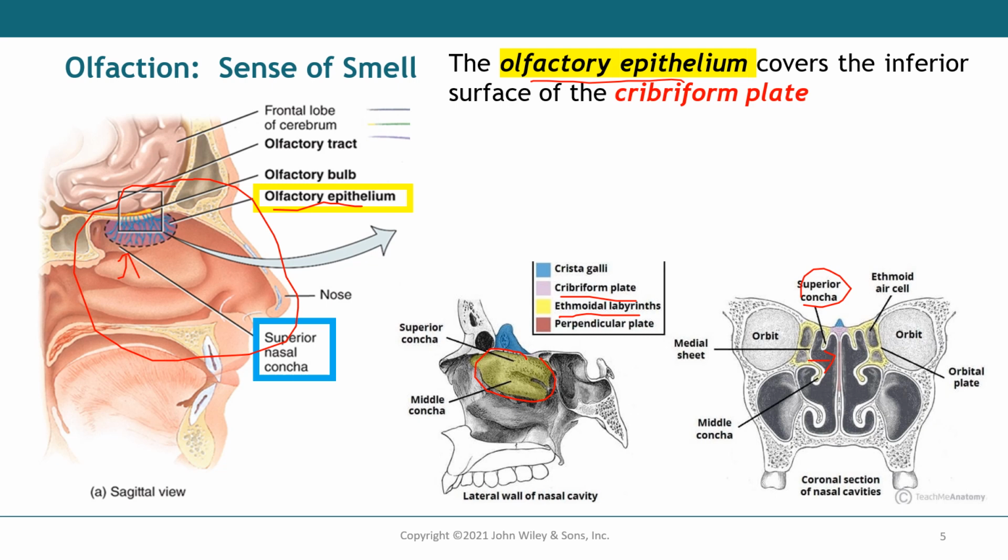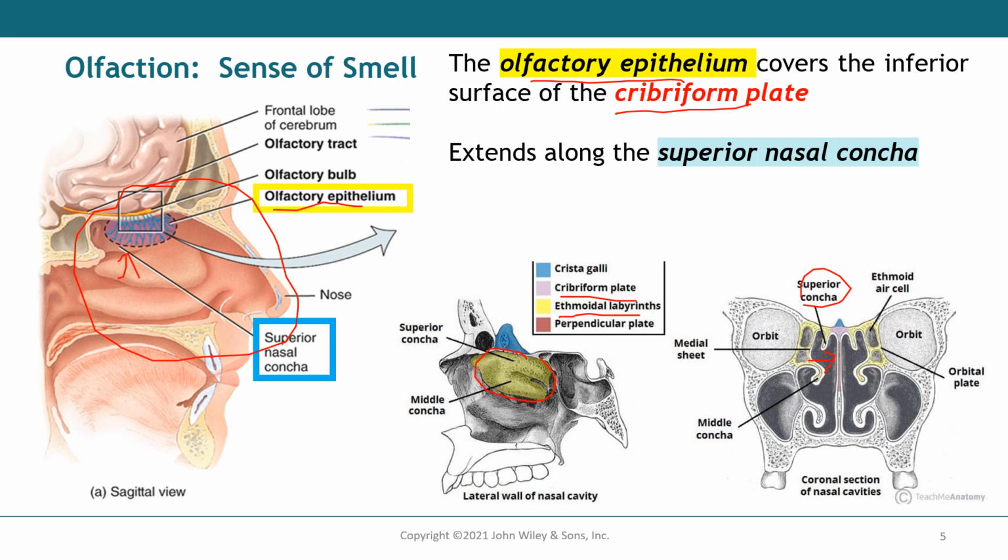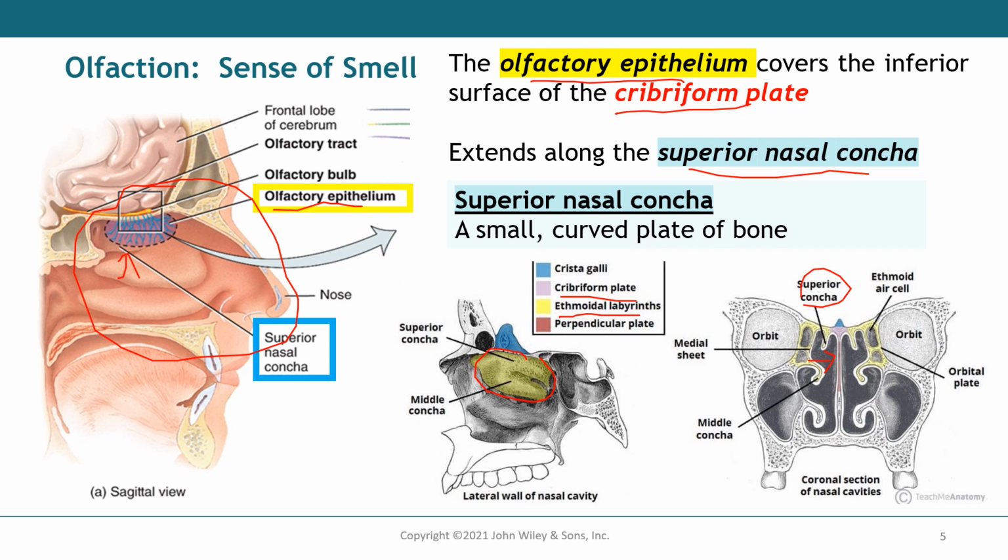That epithelium covers the inferior surface of the cribriform plate and extends to the superior nasal concha. Those two bones, the cribriform plate and the nasal concha, are located in these very large ethmoidal labyrinths. Particularly, the superior nasal concha is a small, curved plate of bone located in this yellow area that I show you here.